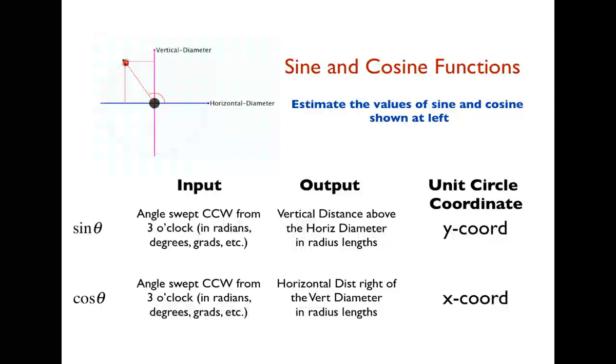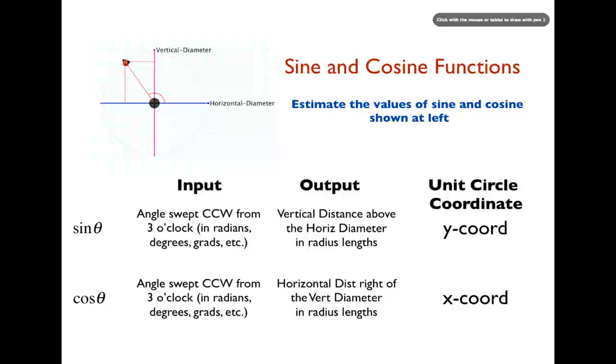Okay, the sine is the y coordinate. So is it this right here, A, or this right here, B? A, it's the y coordinate. It's the vertical distance above the horizontal diameter.